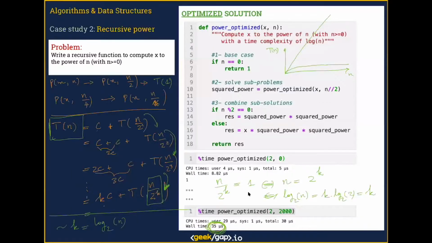Oh, and by the way, I think I said something which is not very correct previously regarding the memory complexity. The memory complexity usually is a function of your time complexity for a recursive problem.